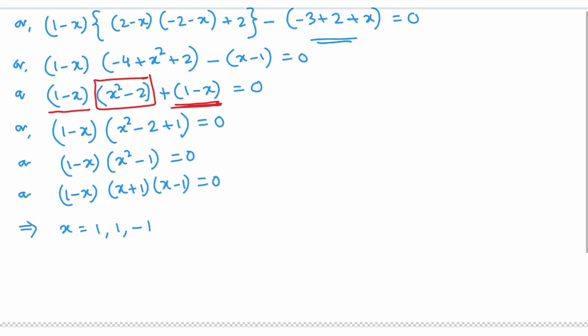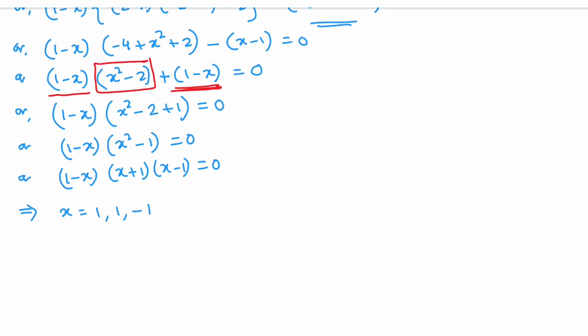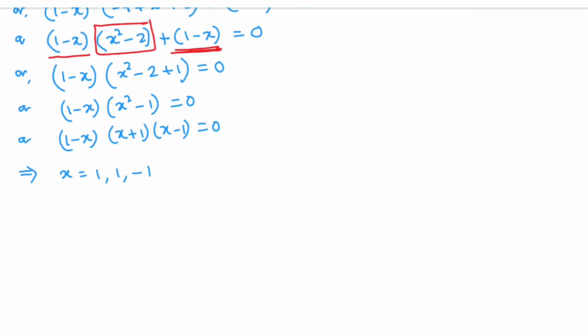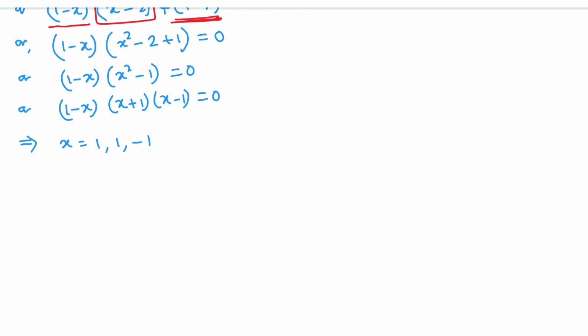Okay, so these are the solutions of the characteristic equation, and I have told you that the solutions of the characteristic equation are the eigenvalues of the matrix. Okay, so the eigenvalues of A are 1, 1, minus 1.